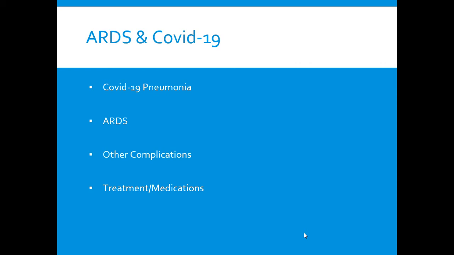So there's a plausible argument that maybe this is related to a procoagulant state with COVID patients. In a recent study, it was reported that as many as 85% of ICU patients with COVID-19 meet the definition of ARDS. So you can almost guarantee that if your patients with COVID-19 do not get better and are progressing, it's going to develop into ARDS.